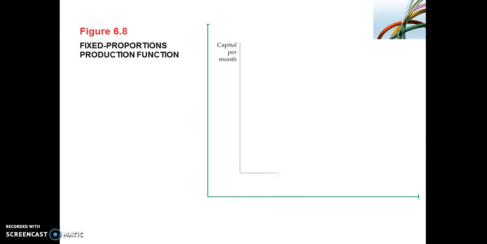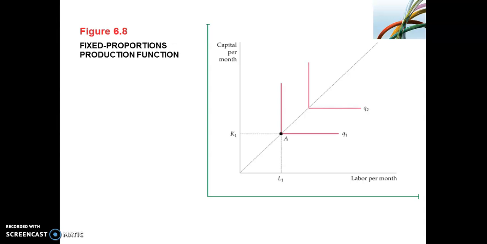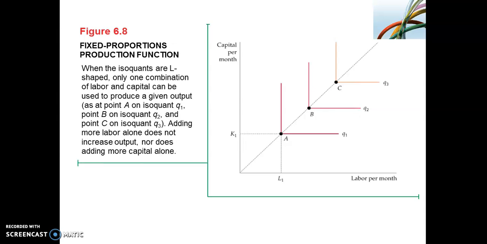Now, if we have a look at 6.8, this is where we have fixed proportions production functions, and these production functions are L-shaped, right? And you have this line drawn from the origin through the points A, B, and C. For each output, Q1, Q2, and Q3, there is a specific combination of labor and capital.